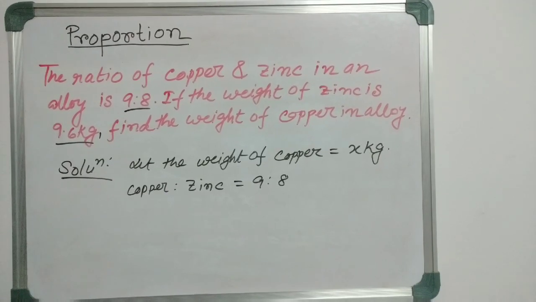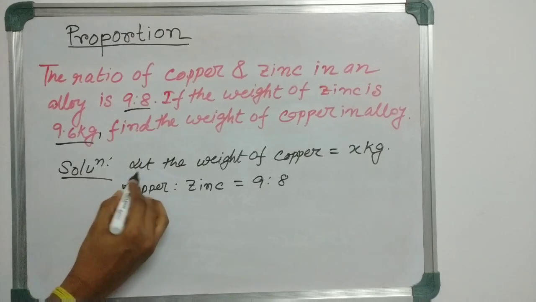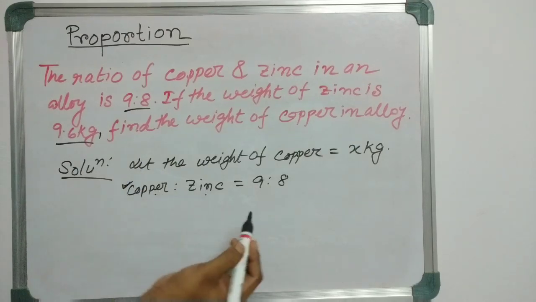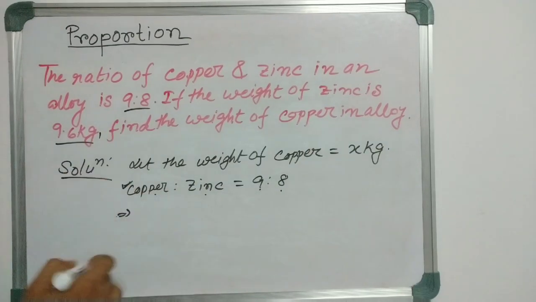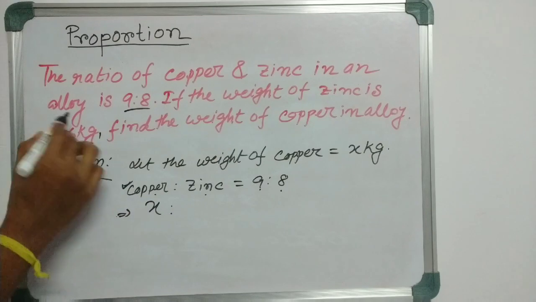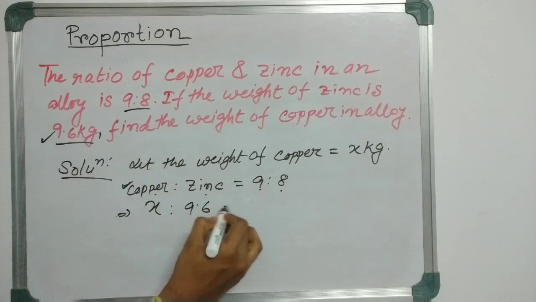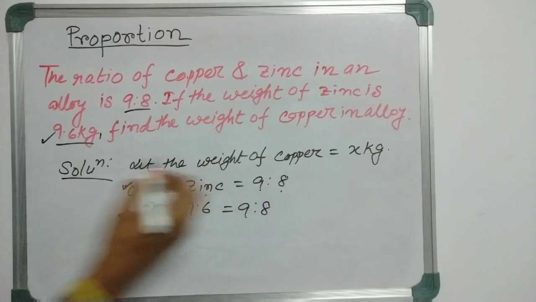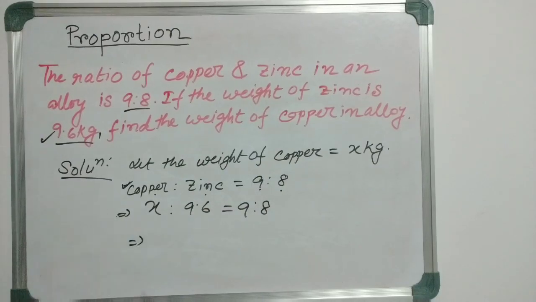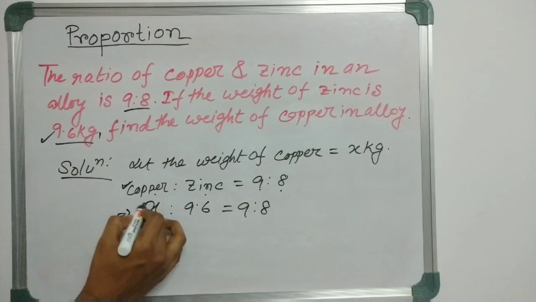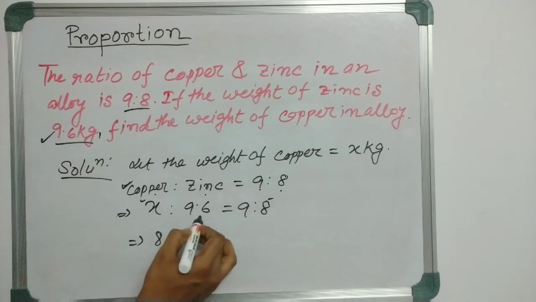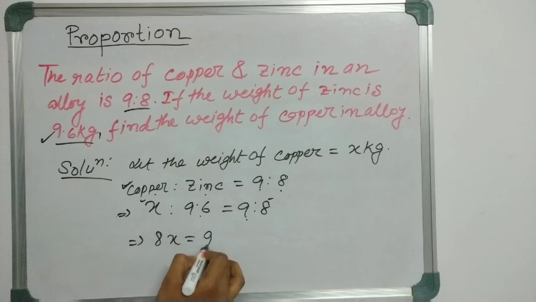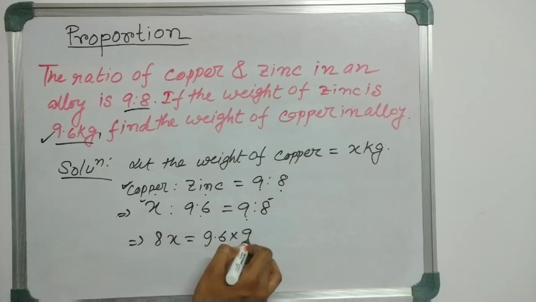Solution: let the weight of the copper equal x kg. So according to the problem, copper is to zinc equals 9:8. So we can say that x is to 9.6 equals 9 is to 8. Now the product of the extremes, that means x and 8. So 8x equals 9.6 into 9.